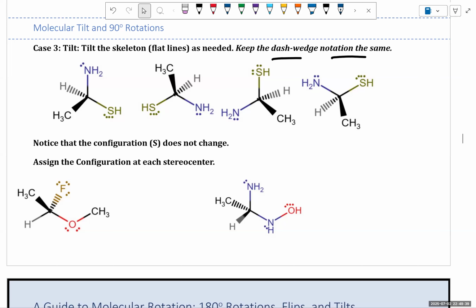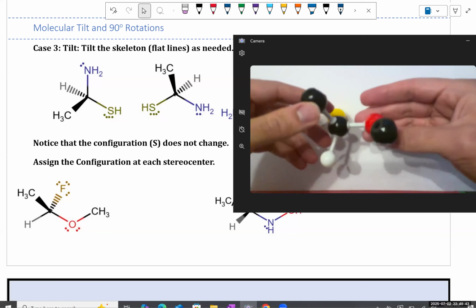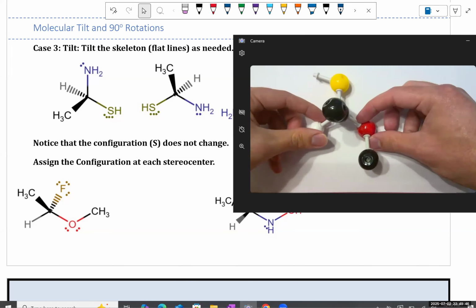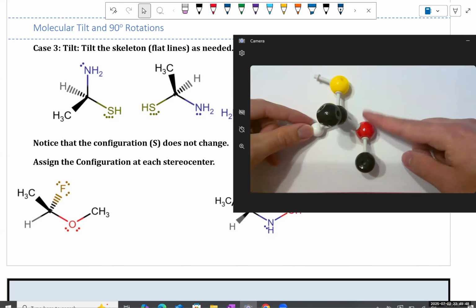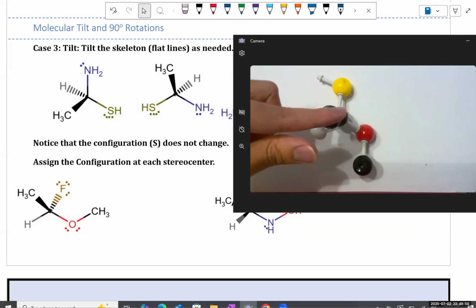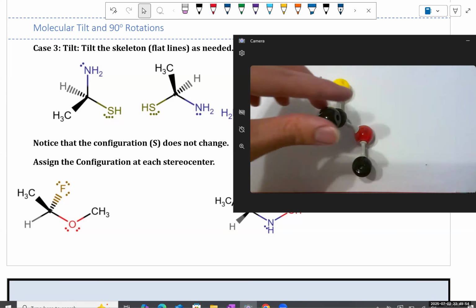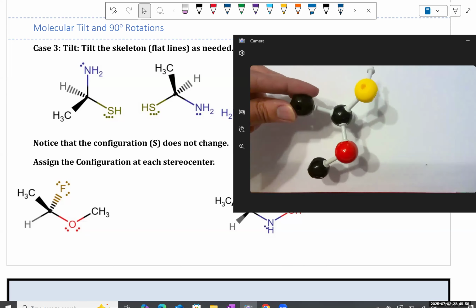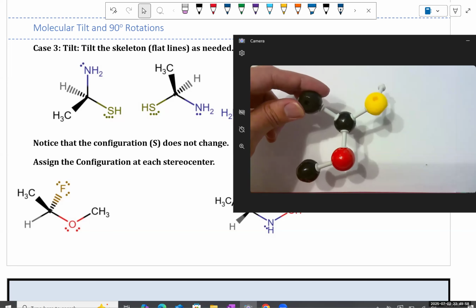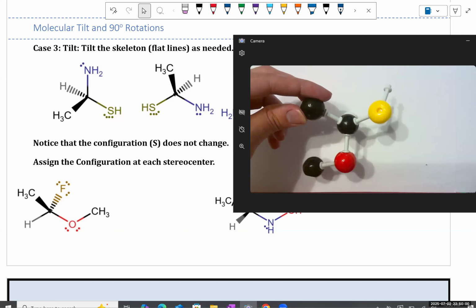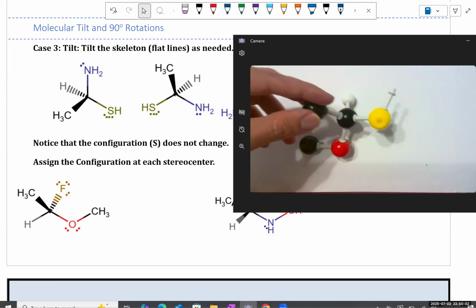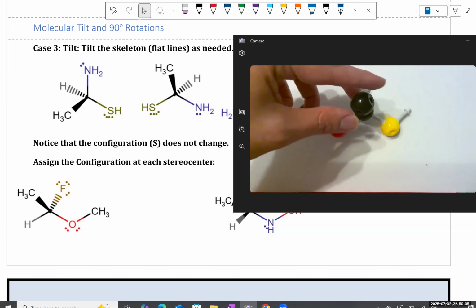Okay, so here is the model for this first compound. Initially, we have the hydrogen on the left, the methoxy group on the right, methyl in front, fluorine in the back. So we're going to rotate this structure so that the hydrogen is in the back. Now we just have to draw what we see.